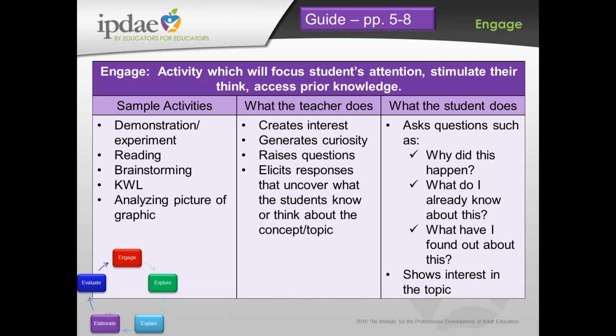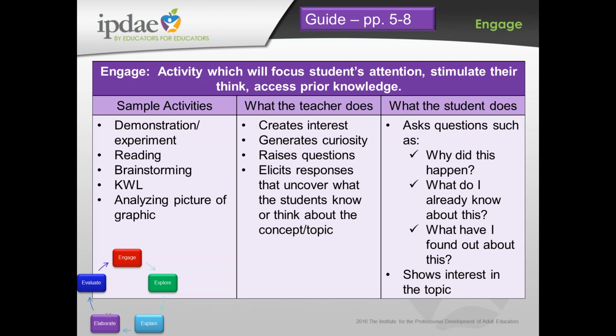We're going to focus on what it should be doing in a lesson plan and some sample activities, and then focus on what you as the teacher would do and what we would want the student to do. Know that all of this information, as we've said before, is in your guide, but for now, let's talk a little bit about each of these slides.